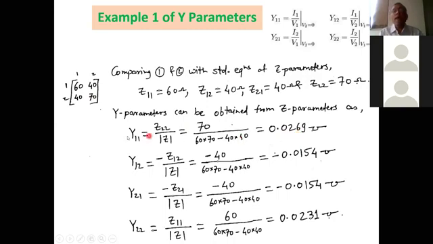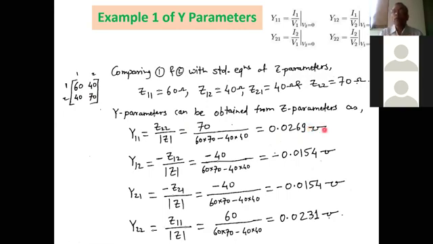0.0269. And for admittance, as admittance is the reciprocal of impedance, and the unit of impedance is ohm, its opposite is mho.